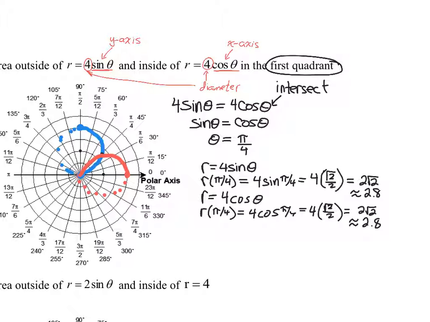So I'm going to do the semicircle. That's r equals 4 cosine theta, but only half.